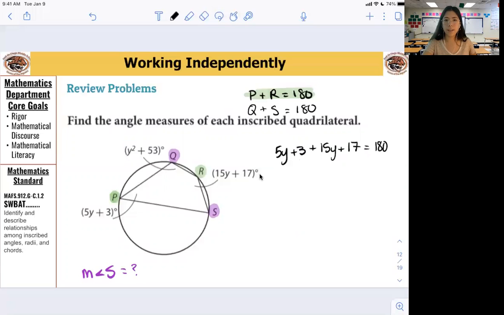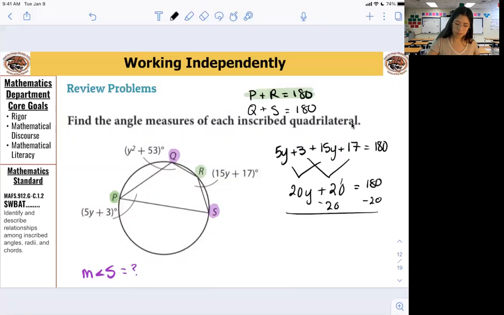We're going to add these together, combining like terms. 20y plus 10 equals 180. Subtract 10. I get 20y equals 160. Divide by 20 on both sides.